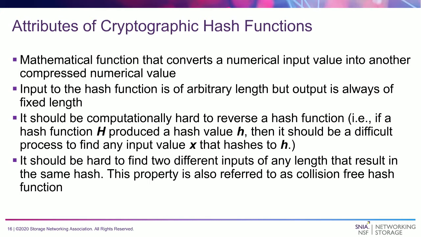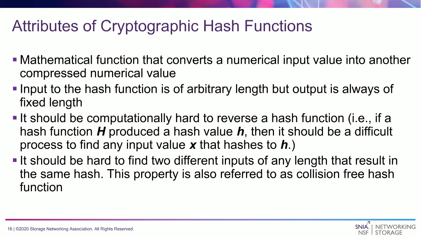Some basic concepts: you can take numerical input, any value, basically almost any size, run it through one of these functions or algorithms, and you get a compressed numerical value out the other side. So think of this as arbitrary length input, fixed length output. The fixed length is typically fairly small, as in you could have several gigabytes of input and maybe 128 bits coming out on the other side.